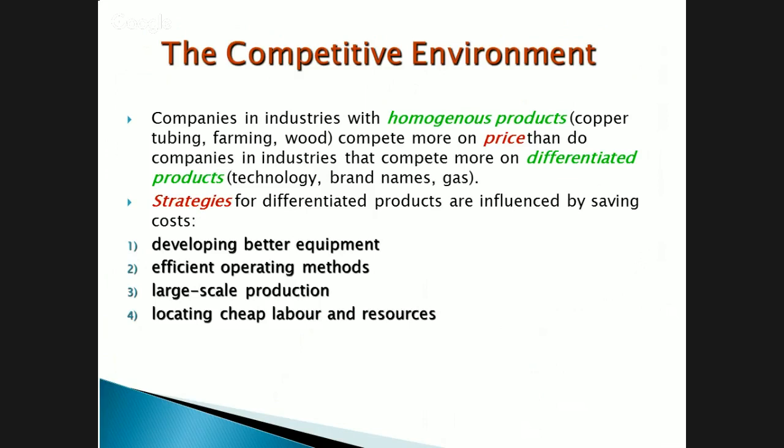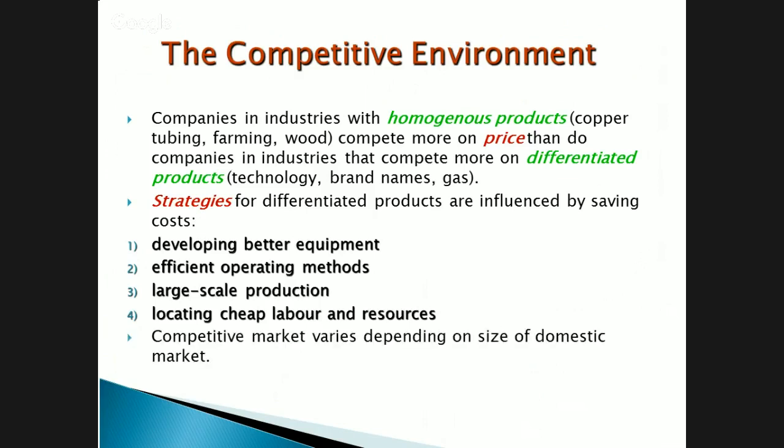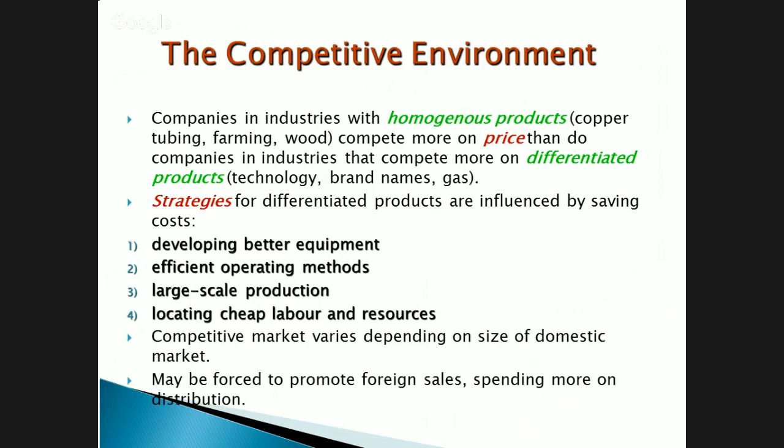And this is one of our reasons for becoming a multinational or international company. So the competitive market varies depending on the size of the domestic market. These companies may be forced to promote foreign sales and spend more on distribution.